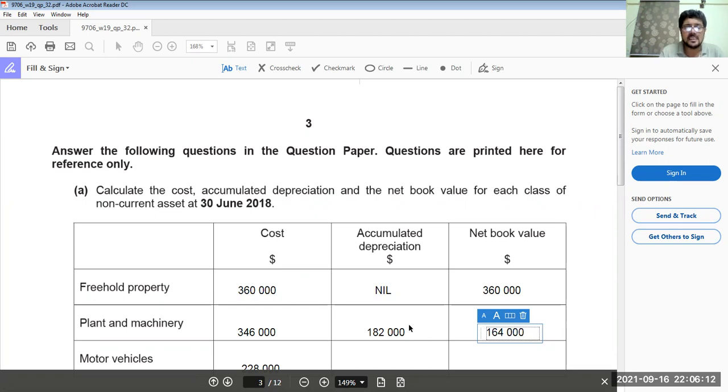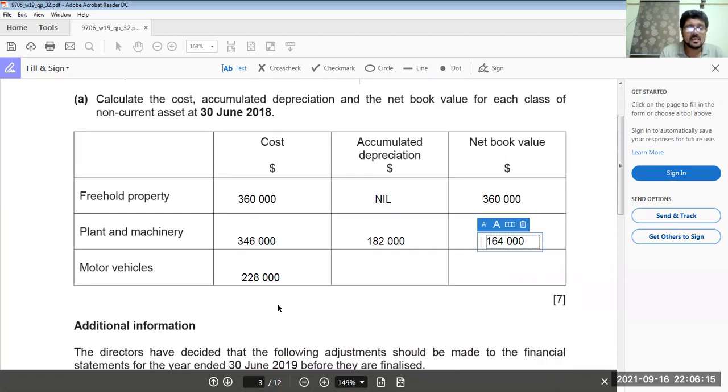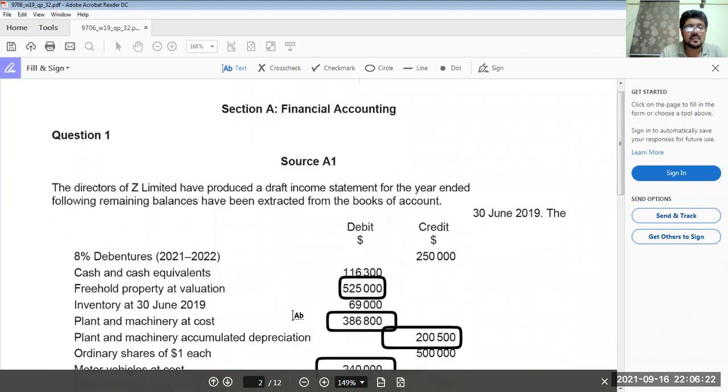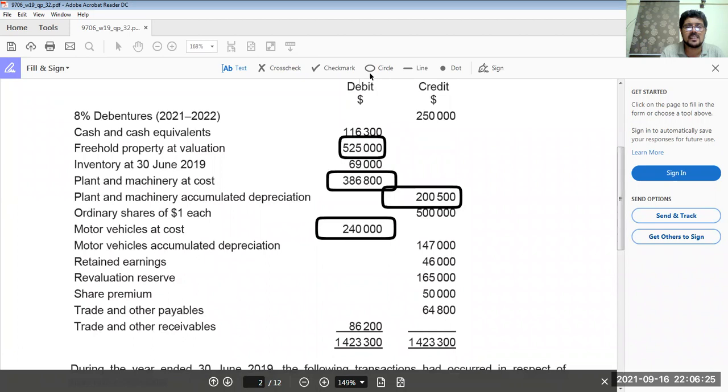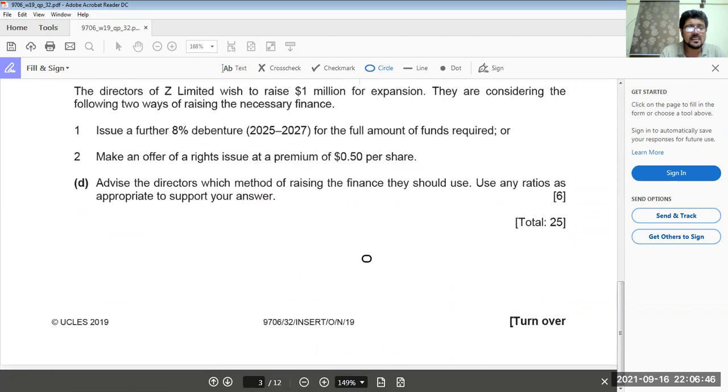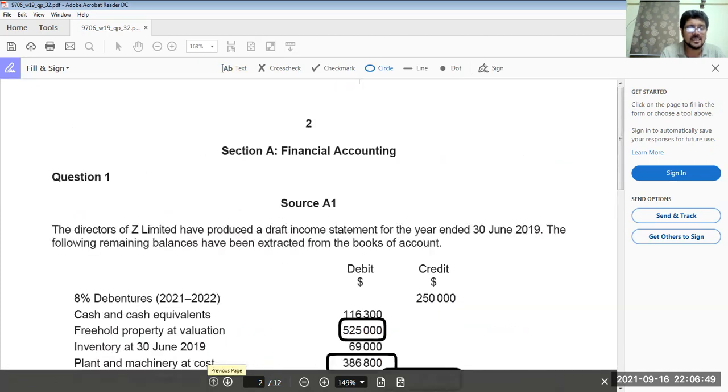Done. Now, motor vehicles. The provision for depreciation of motor vehicles is here. Sorry, motor vehicles depreciation 147,000. Then, now depreciation for the year of motor vehicles. How much? Oh, it was given on the previous page.